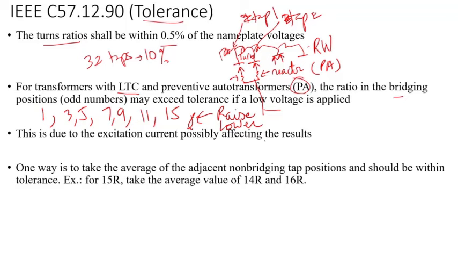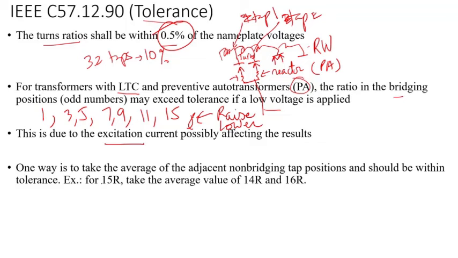When the PI or preventive autotransformer is excited, in other words, the two selectors are on two adjacent taps, the PI will be in the circuit, and if you are applying a low voltage, you might exceed that 0.5% tolerance. That's due to the excitation current possibly affecting the result.